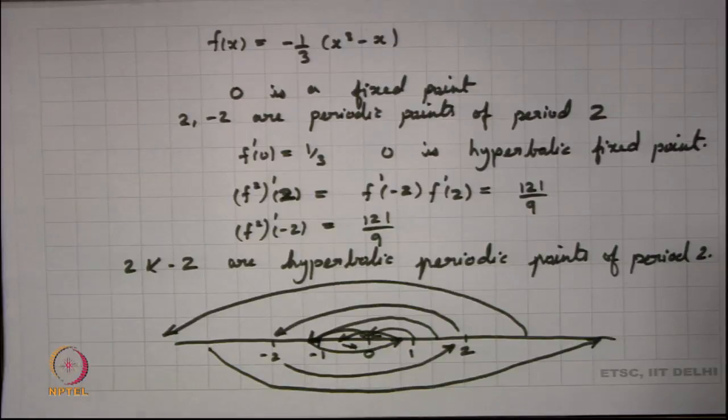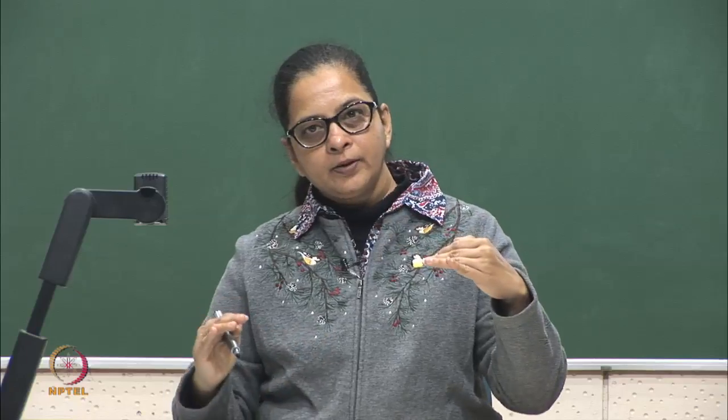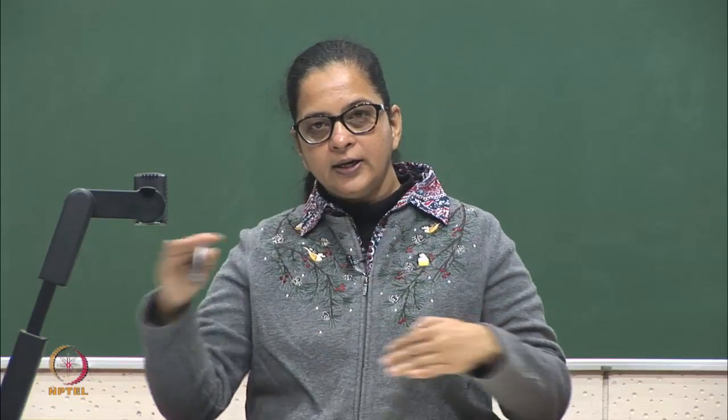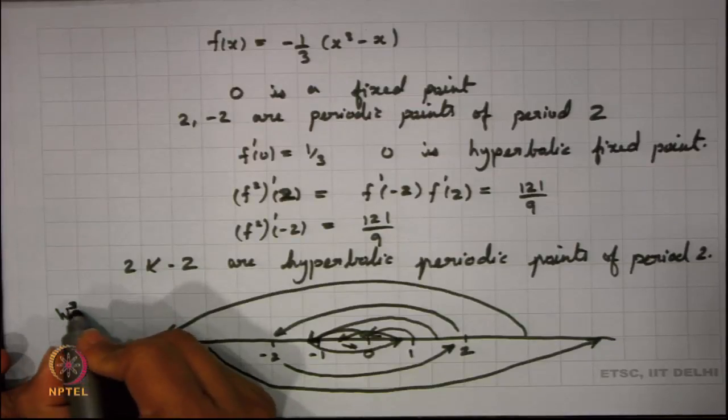So, the phase portrait of this function is very clear, where points greater than 2 and less than -2 are also oscillating about 0, but their magnitude is increasing, their absolute value increases. So, typically here again, what is my stable set of 0?